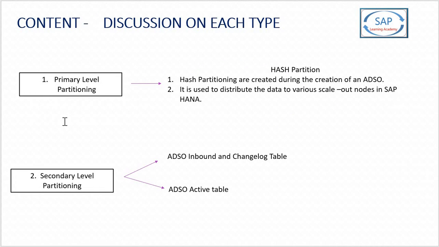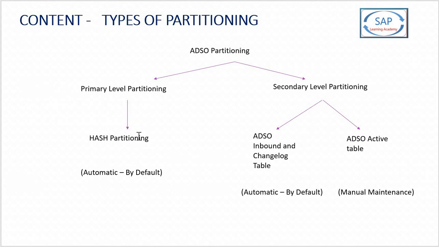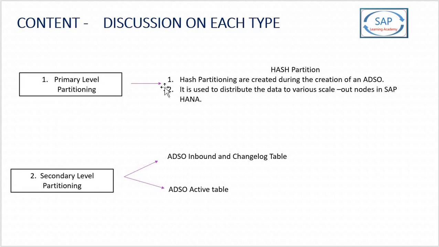So the first one is the primary level partitioning, and here, as I said, only hash partitioning is part of this primary level partitioning. The hash partitioning is created during the creation of an ADSO. When you create and activate the ADSO, the system automatically creates hash partitioning for that ADSO.